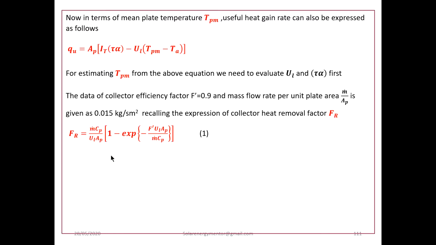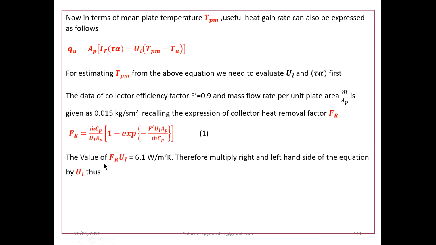Now how to evaluate the value of UL? If you multiply the entire equation by UL, because the value of FRUL is given, multiplying FR by UL gives FRUL, and FRUL is 6.1. So you substitute 6.1 here, and all other values except UL are known.